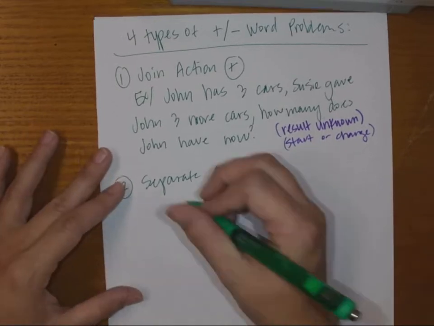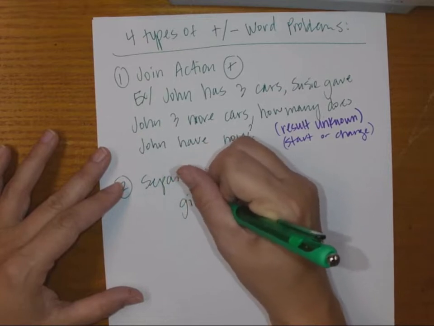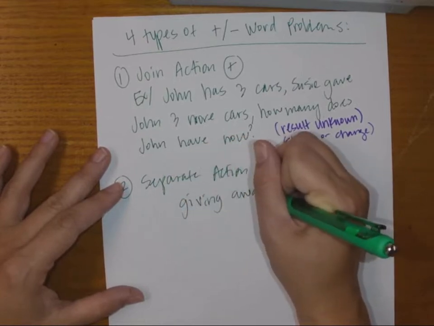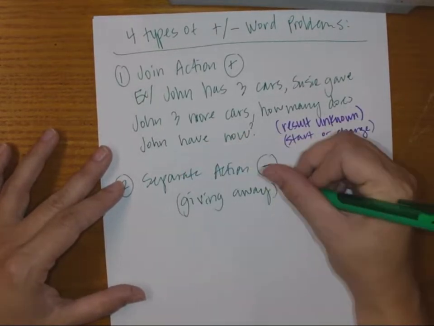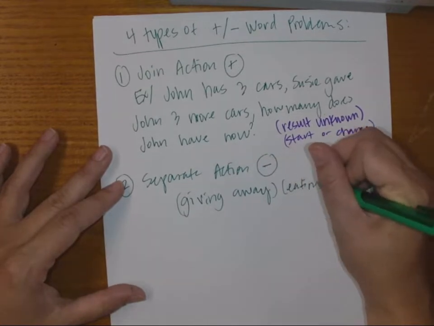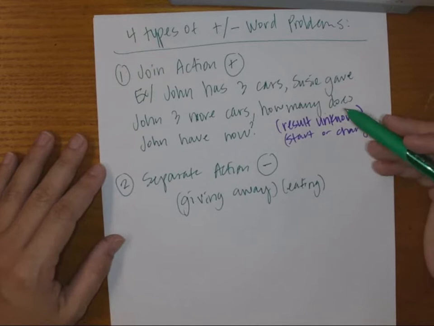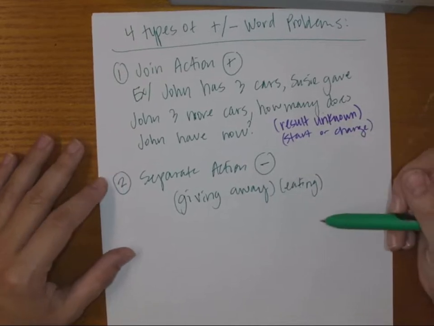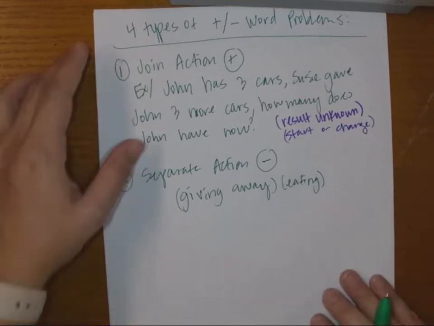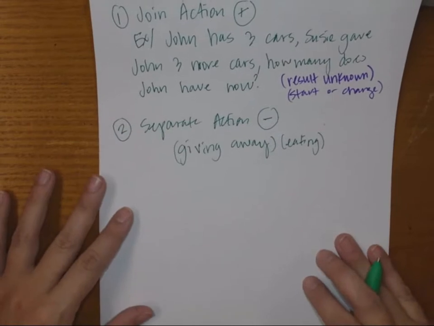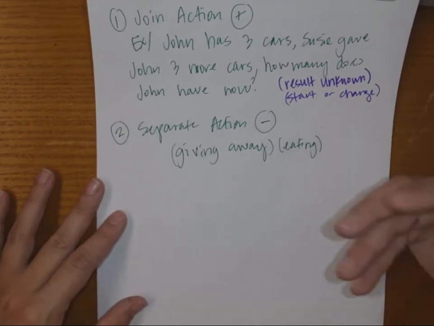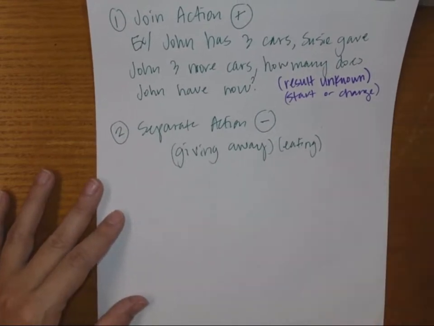Same thing, but this time we're giving away, or eating if we're talking about cookies, taking away, something like that. Similar to join action, it's just we're taking away here, so it's a subtraction problem. So those are all the action problems, where something is happening, somebody's giving something to somebody or taking away something.